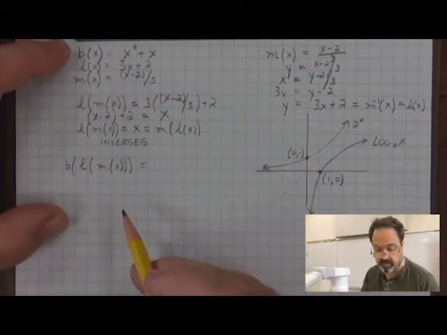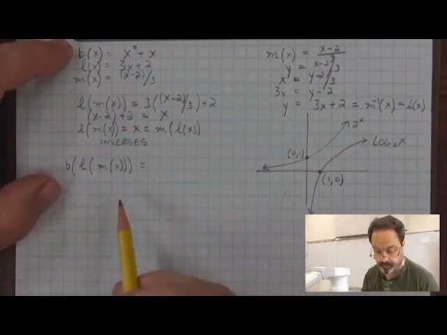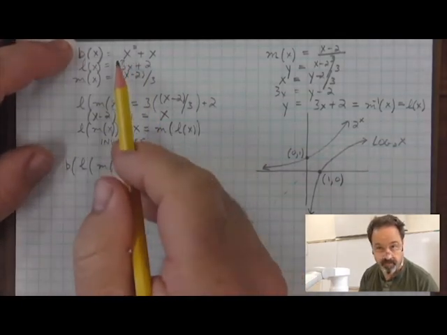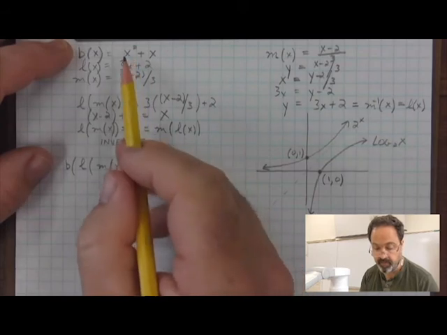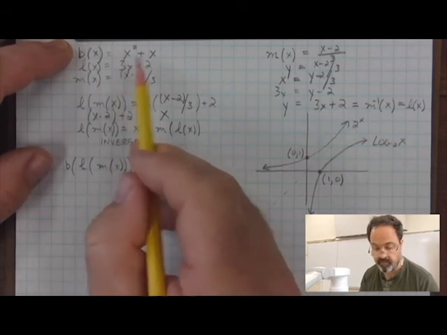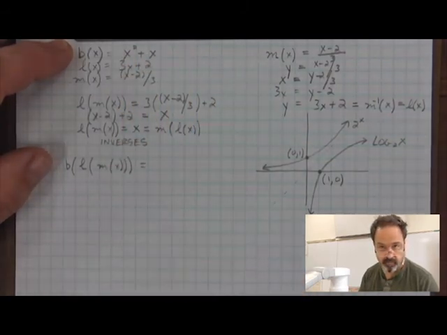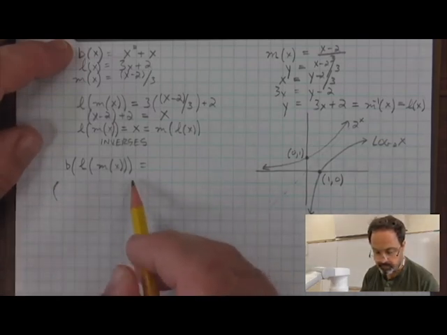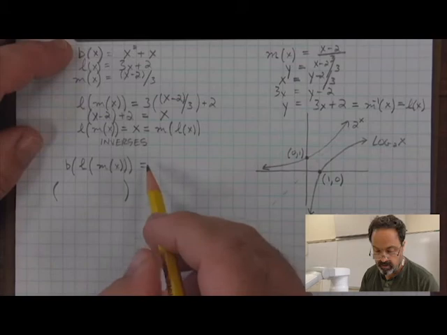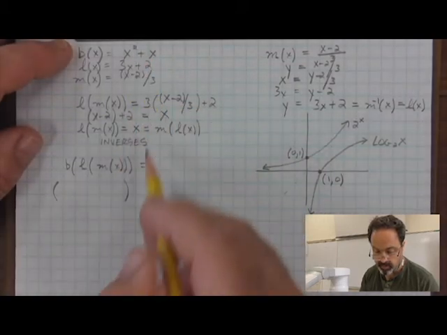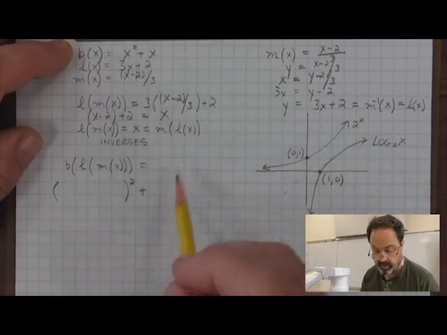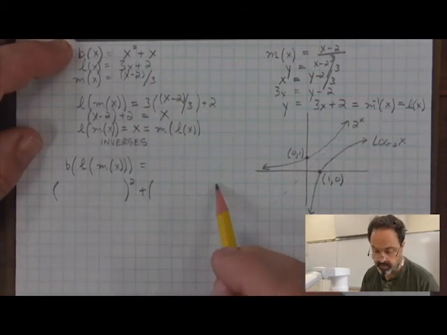What I like to do is I like to take the outside function, and because I'm going to put a composition into the b function, then I'm going to make the space for my input very large. I'm going to make large parentheses, and I need to square the input and add the input again, so I'm going to use large parentheses a second time.